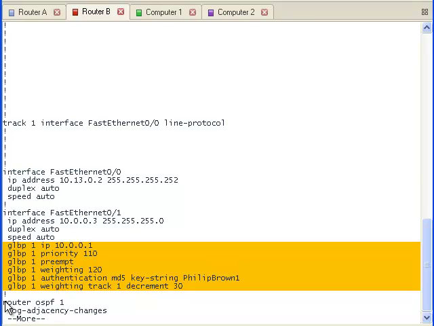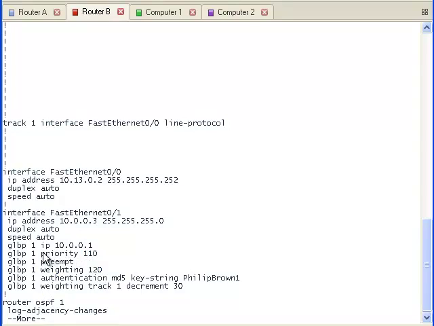It has a similar configuration to router A, but an important note is that its priority is 110, which is less than router A's. This means that router A will be the active virtual forwarder. It also has a decrement value of 30.